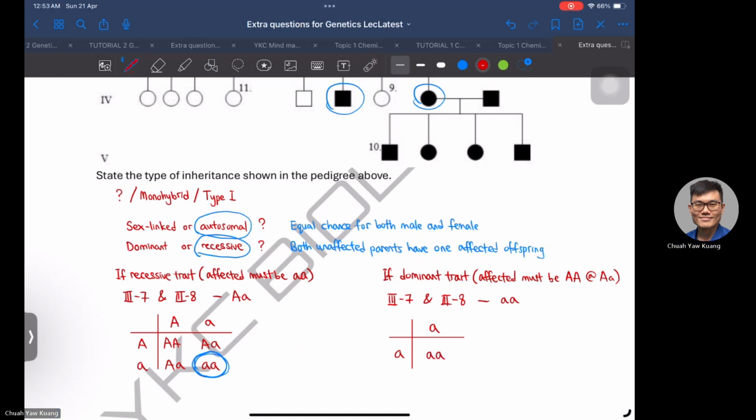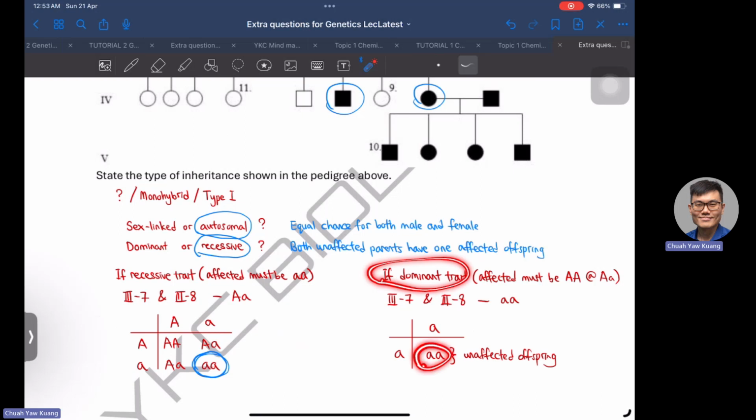And it is impossible for them to produce an affected individual, because all of these will be considered unaffected offspring if it is a dominant trait.